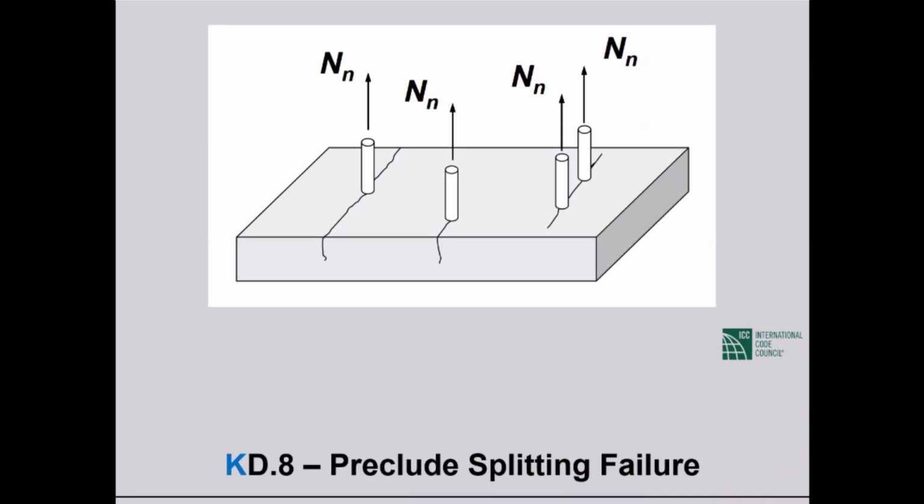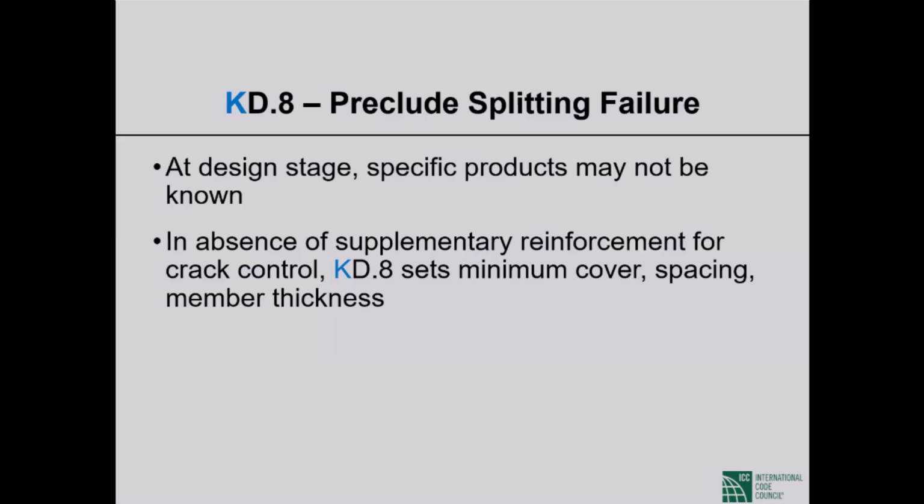At design stage, specific products may not be known. In absence of supplementary reinforcement for crack control, this section, K.8, sets minimum cover and minimum spacing and minimum member thickness requirements.